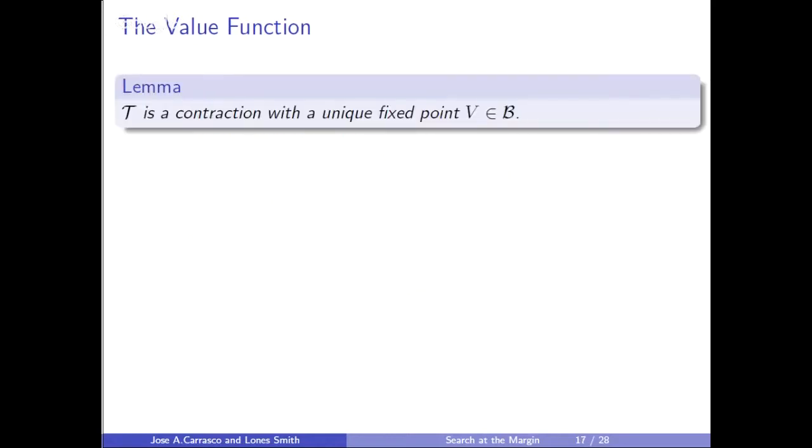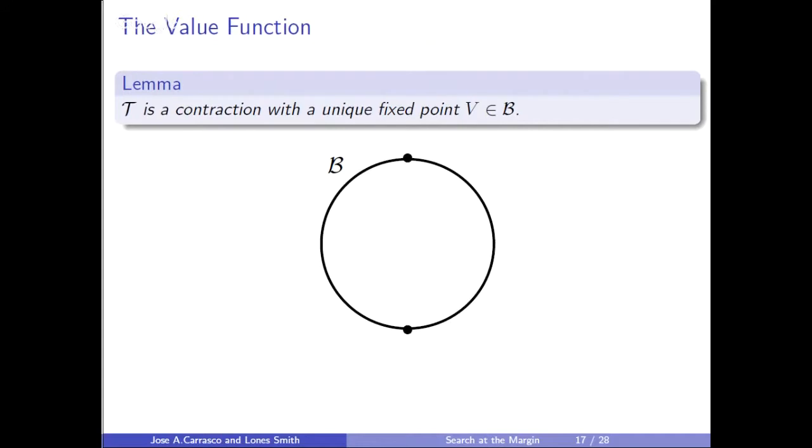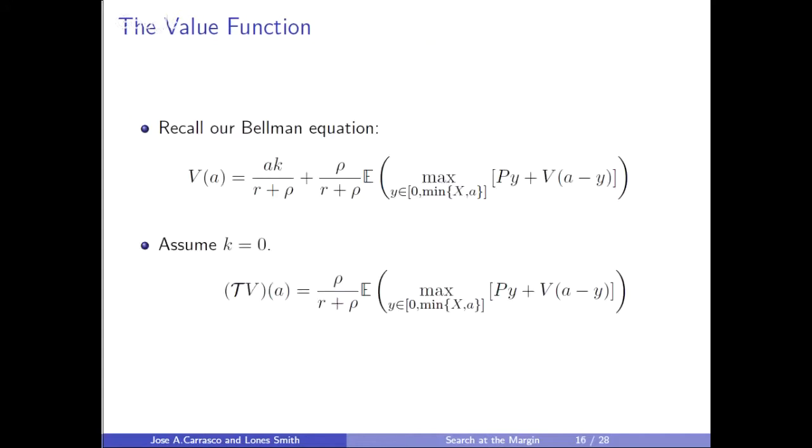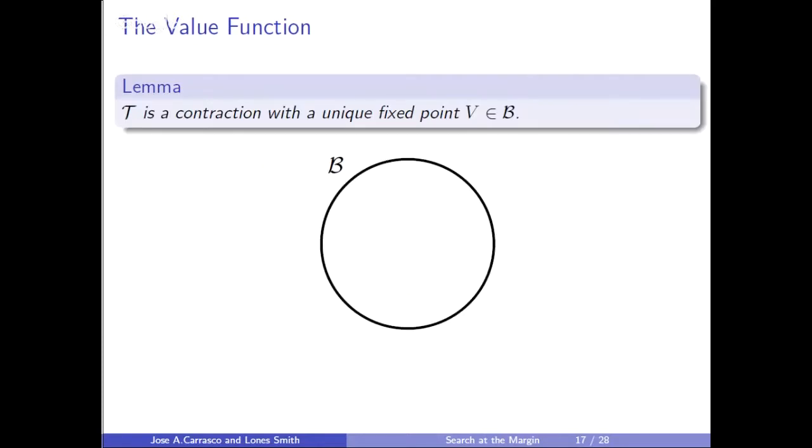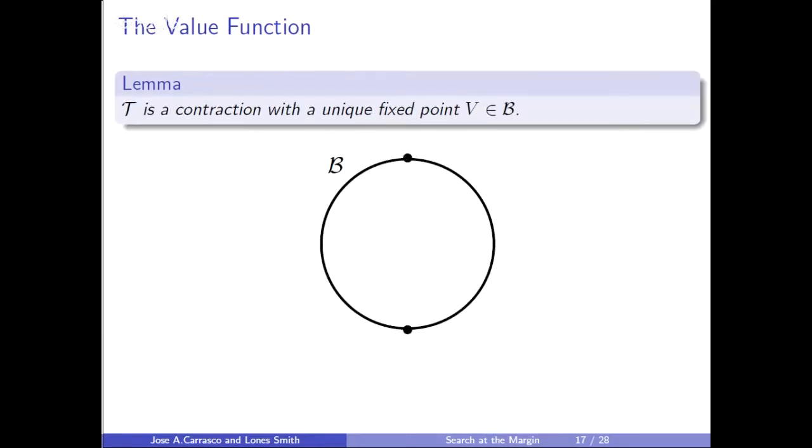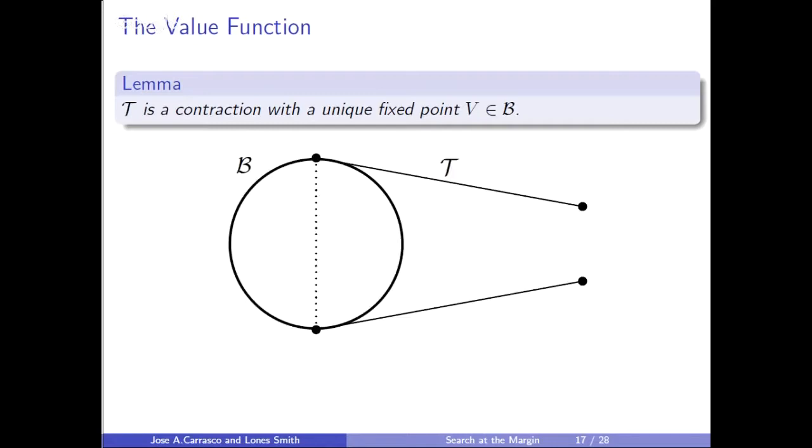Okay? What is a contraction? So, and that fixed point lives in this set of bounded and continuous functions. Okay? And this is an explanation of what a contraction is. Basically it means that if you take a function on the right side, right, and you compute the distance between these two functions, you're going to have a number, right? Now, once you apply the operator to those two functions, you're going to have two different functions, right?